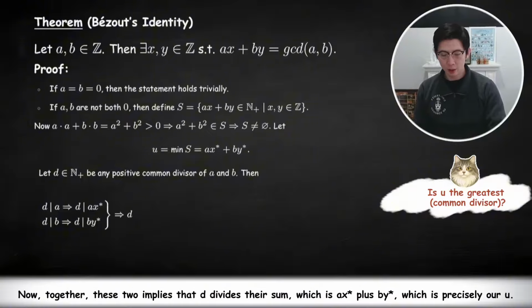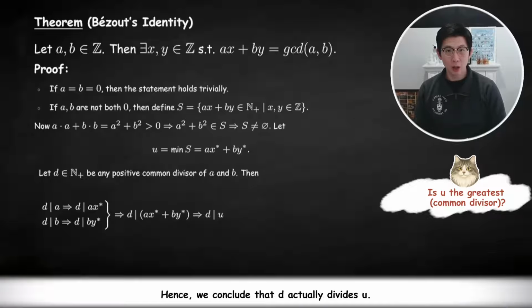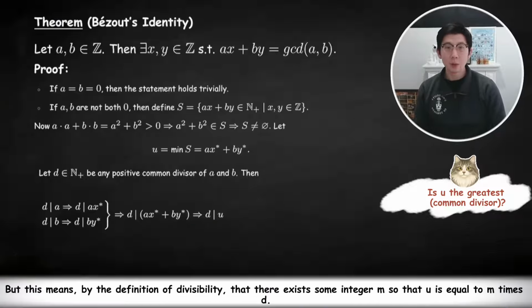Now, together, these two imply that d divides their sum, which is a x star plus b y star, which is precisely our U. Hence, we conclude that d actually divides U. But this means, by the definition of divisibility, that there exists some integer m so that U is equal to m times d.